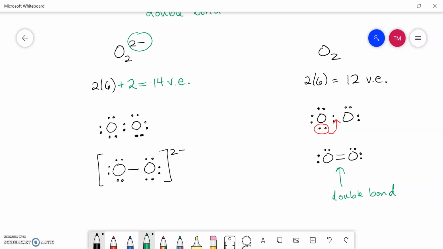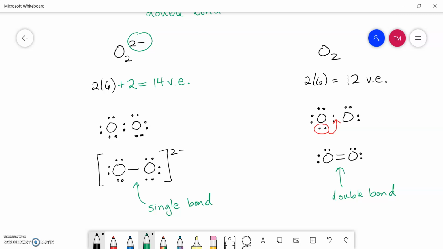We've mentioned that double bonds are stronger than single bonds. We can even start to explain some chemistry here. So we're going to look at reactions a little bit later, but one of the types of reactions we look at are called oxidation reactions, reactions with oxygens.